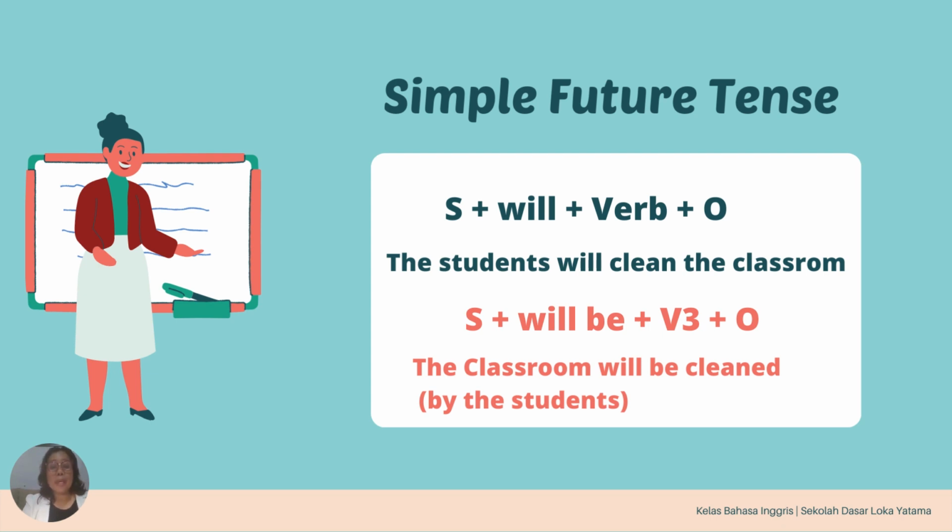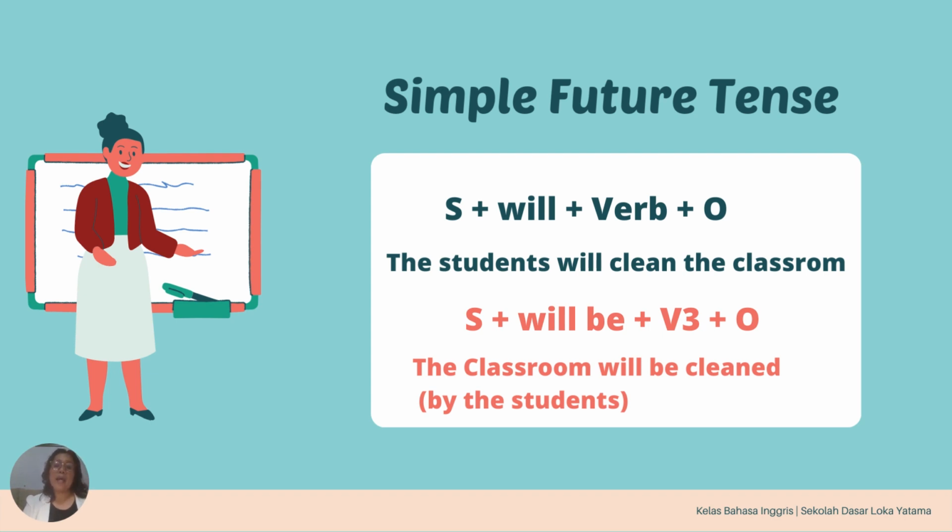The subject is the classroom, the object of the active one becomes the subject in the passive one. The classroom will be cleaned. Verb 3 here is cleaned, plus object by the students.